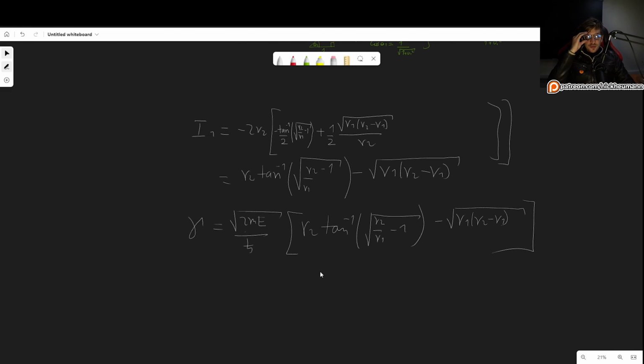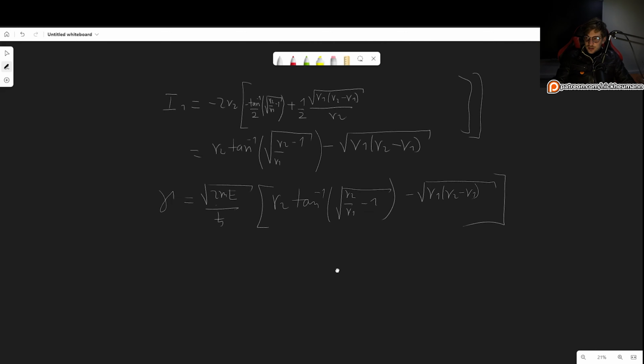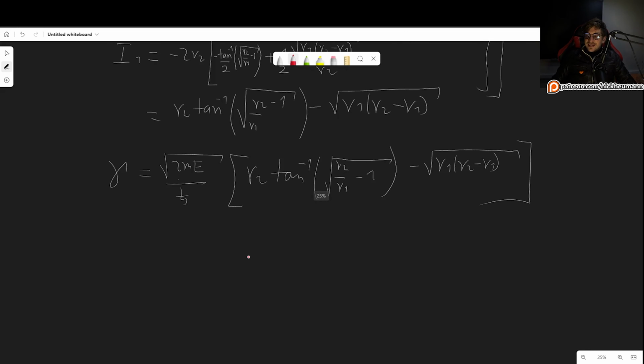Now, if you're following a book like Griffith's, you might see a slightly different result. And I will show you how to compare them in a moment. So be patient. Now, the next thing we want to do, because this is not really an expression that we can do too much about, is use an approximation, because we don't really know either R2 or R1 for now.